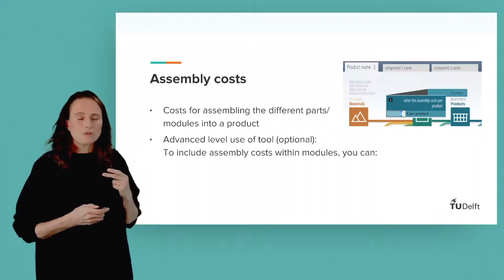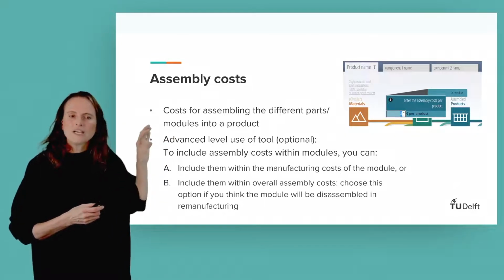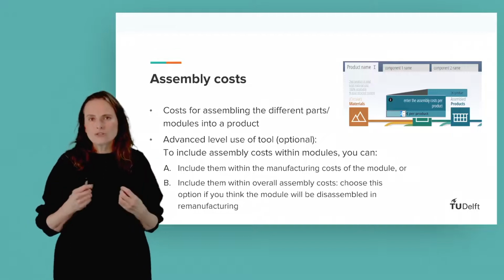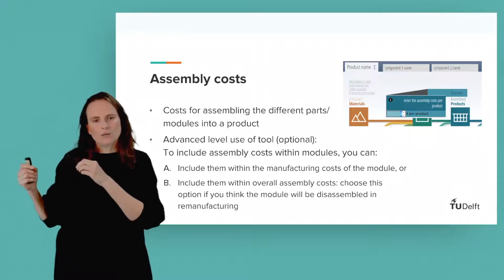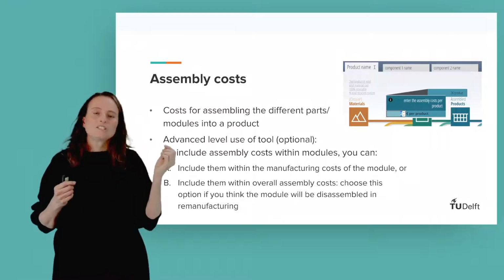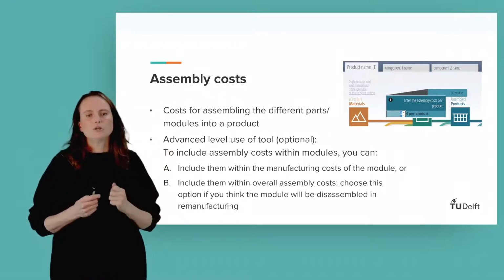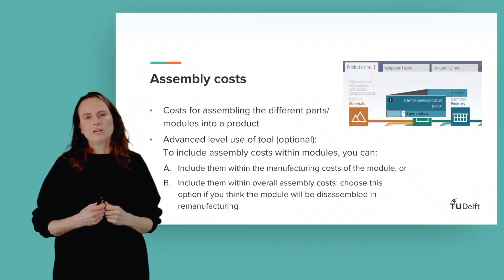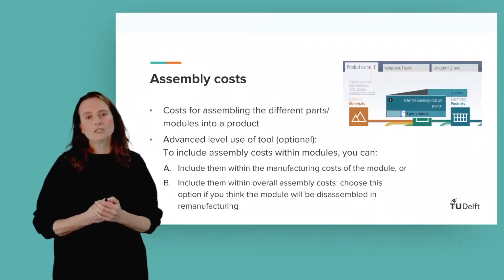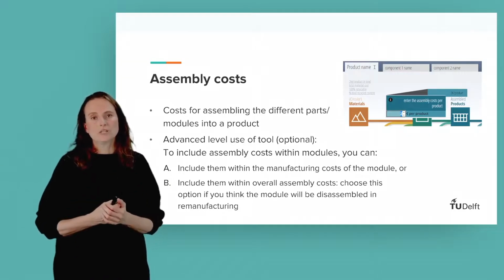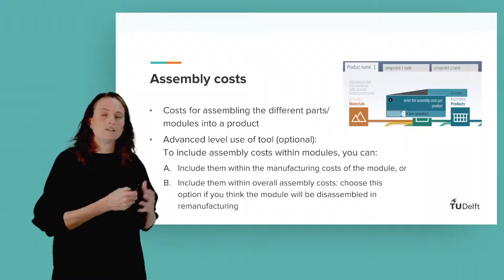And there's two different options. So either you can include them within the manufacturing costs of the module, or you can include them in the overall assembly costs. This latter option is best when you think the module will be disassembled in remanufacturing, because then that value is not captured when remanufacturing the product. So that's why you then add it there.